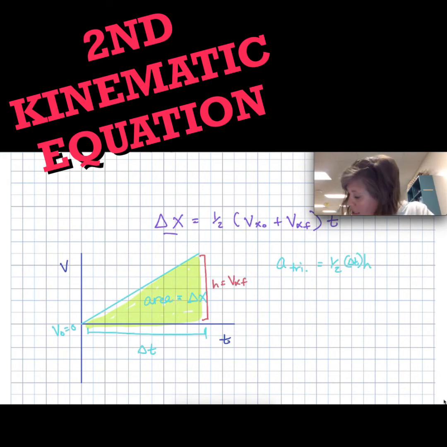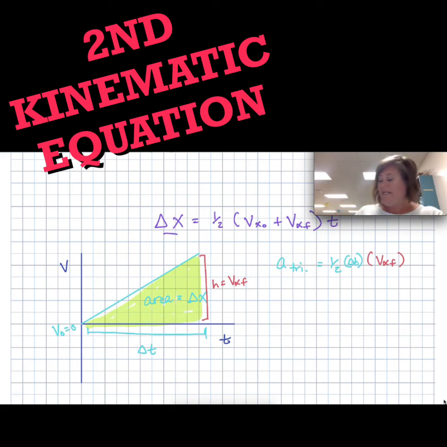So let's go ahead and substitute the final velocity. So you can see where that equation comes from. It comes from the fact that the displacement is the area under that line, okay? And we have a constant or uniform acceleration.